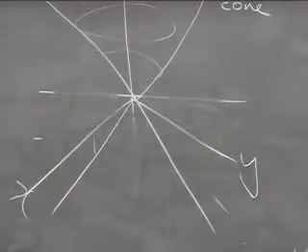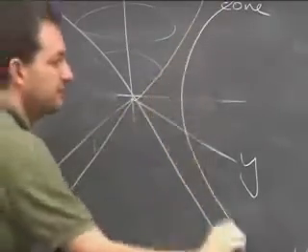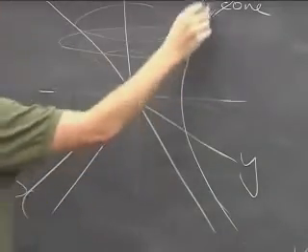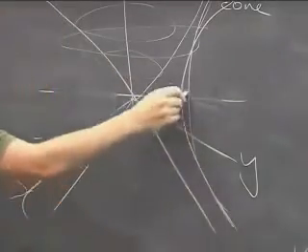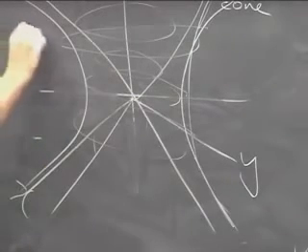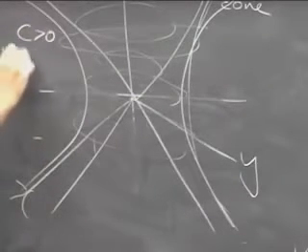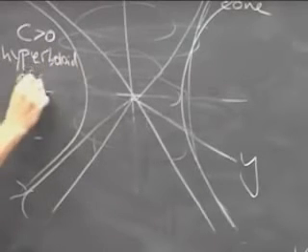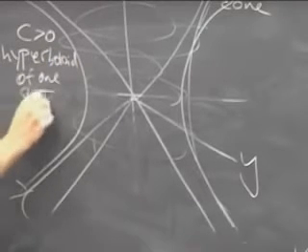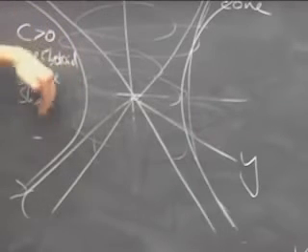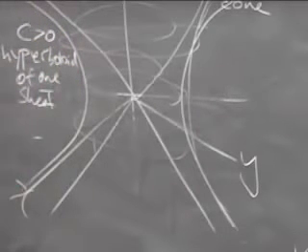If c is positive, I get a hyperboloid of one sheet that is asymptotic to the same cone. So c greater than 0, I get a hyperboloid of one sheet. Which one do I get? Well, it depends. The bigger c is, the further out the hyperboloid starts, but it still will be asymptotic to the cone. So they're all nested in.